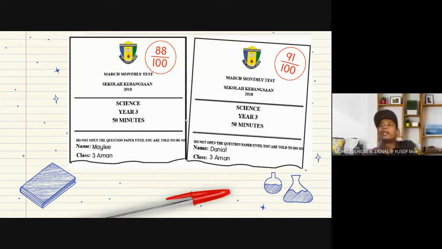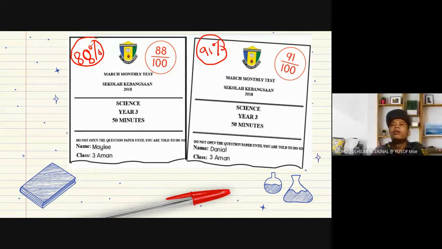In your test paper, whenever you are given marks, for example 88 over 100, normally we call this the marks. So 88 over 100 is what you usually get, because exams are all over 100. Why over 100? It's easy to give percentage. Means 88 of 100, 88 hundredths, actually all teachers will write like that. So your marks will become like this, the marks.